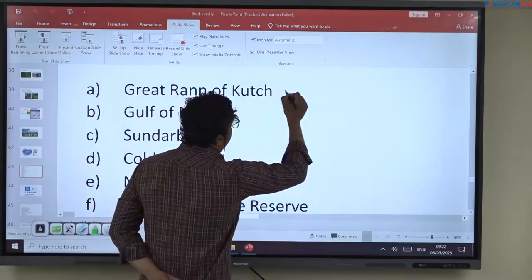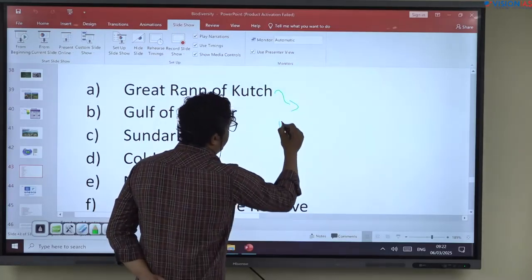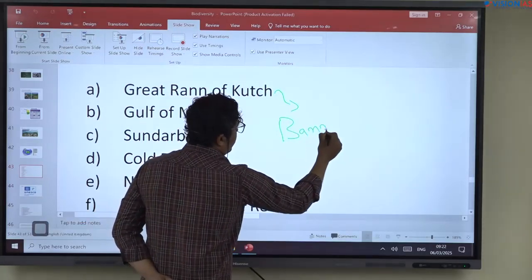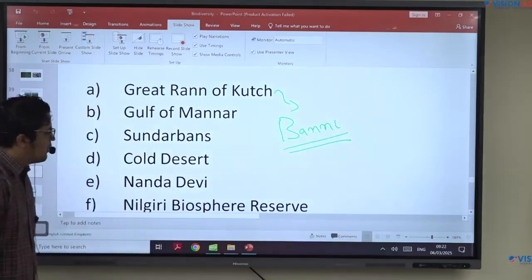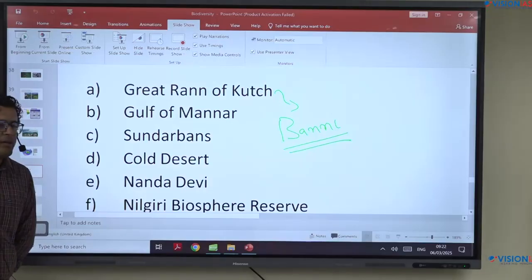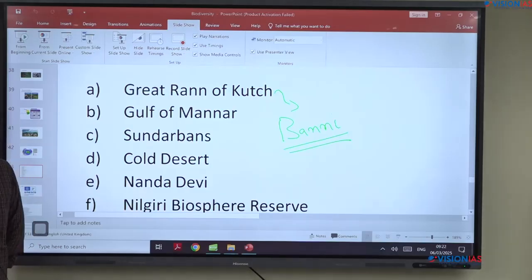Asia's largest grassland, Banni grasslands, are located here.